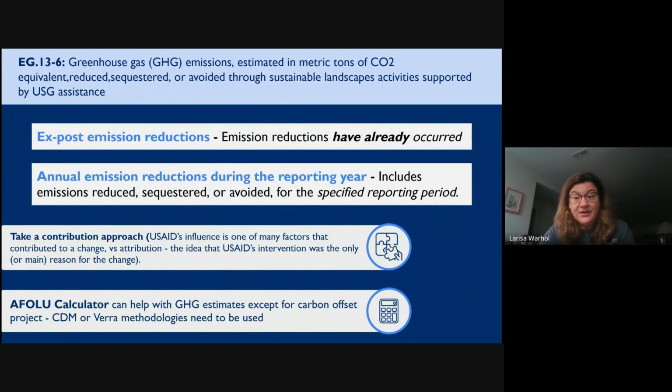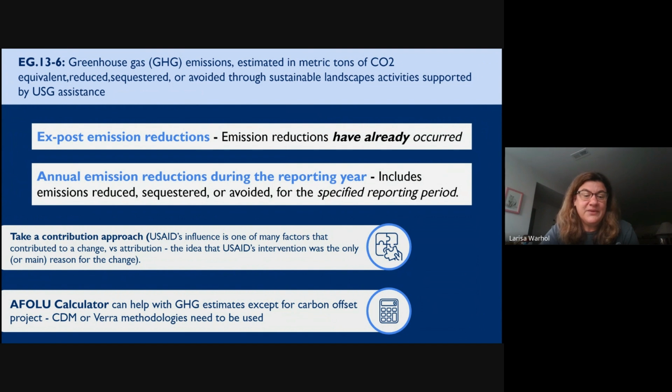EG.13-6 is one of our biggest priority indicators because it is one of the main ways that we are tracking how we're achieving our climate strategy's 6 billion greenhouse gas emission reduction targets. So again, these are greenhouse gas emission reductions that have already occurred and will be reported during the reporting period. You can also be reporting on GHG emission reductions from closed activities where we know some of those emission reductions are still occurring.